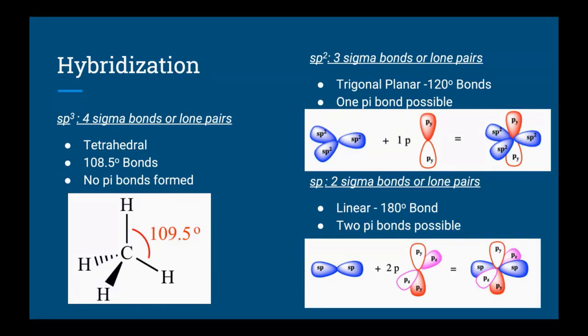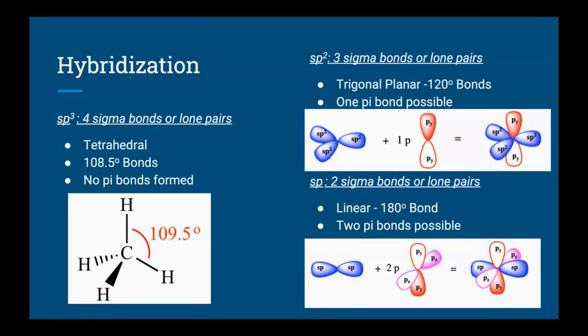And the same goes for sp. You're now going to have 2 sigma bonds, and they have the potential of forming 2 pi bonds. You'll often see this in triple bonded molecules. Again, it can be either sigma bonds or lone pairs that are involved in the hybridization.